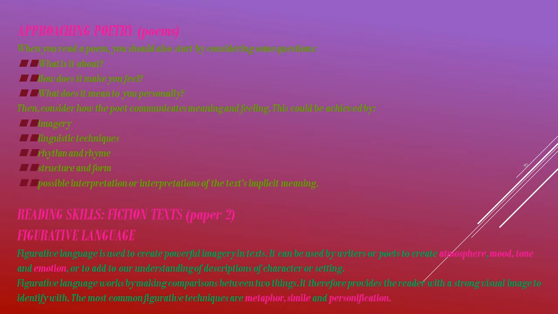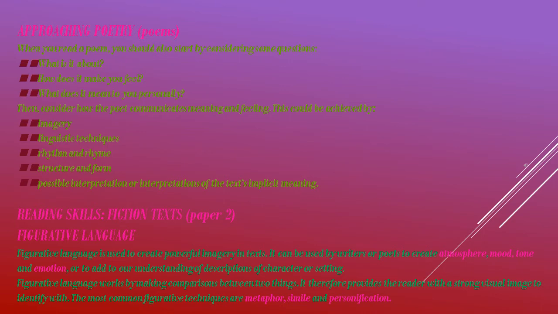So therefore, in this reading skills fiction text paper 2, let's dip into figurative language. Figurative language is used to create powerful imagery in text. It can be used by writers or poets to create, number 1, atmosphere, mood, tone, and emotion, or to add to our understanding of descriptions of character or setting.